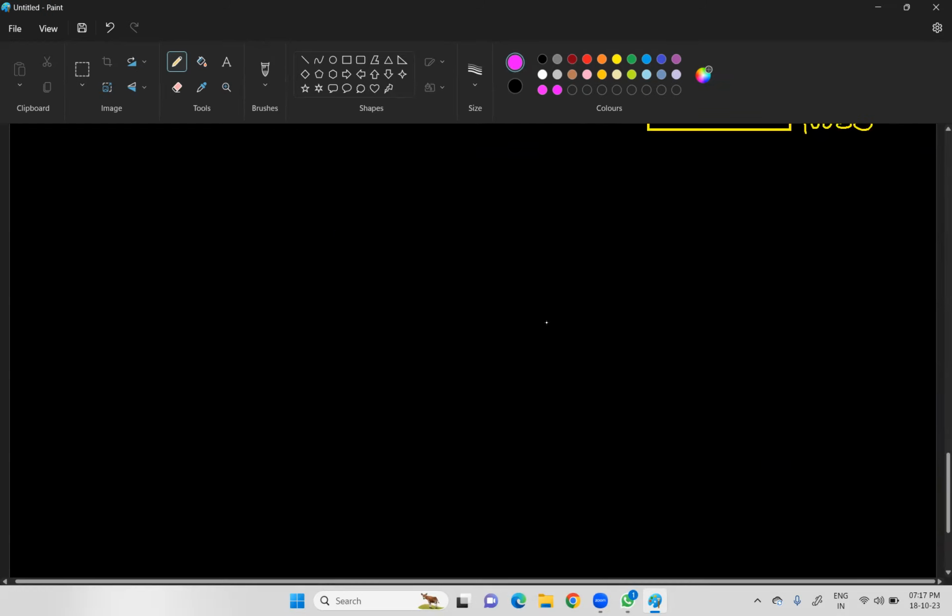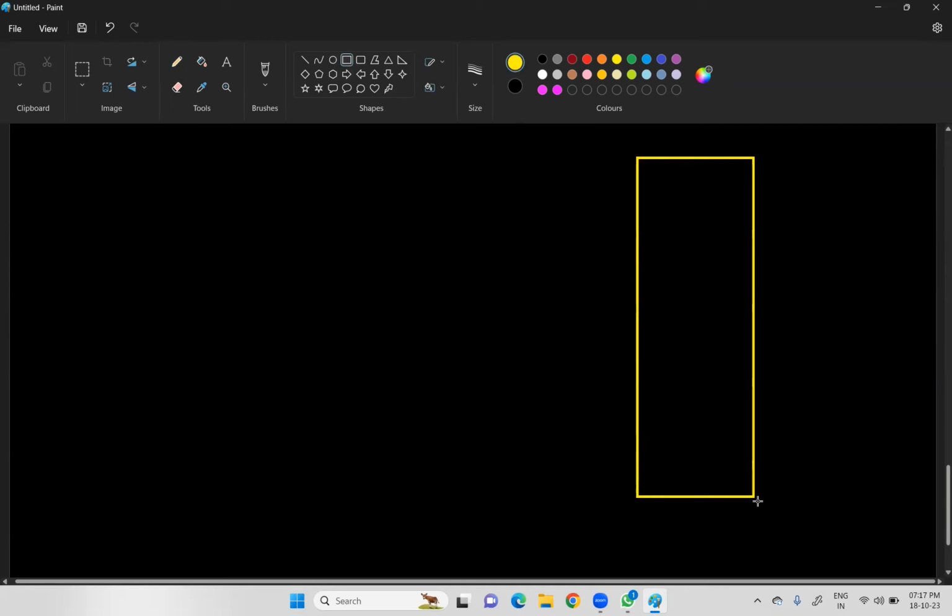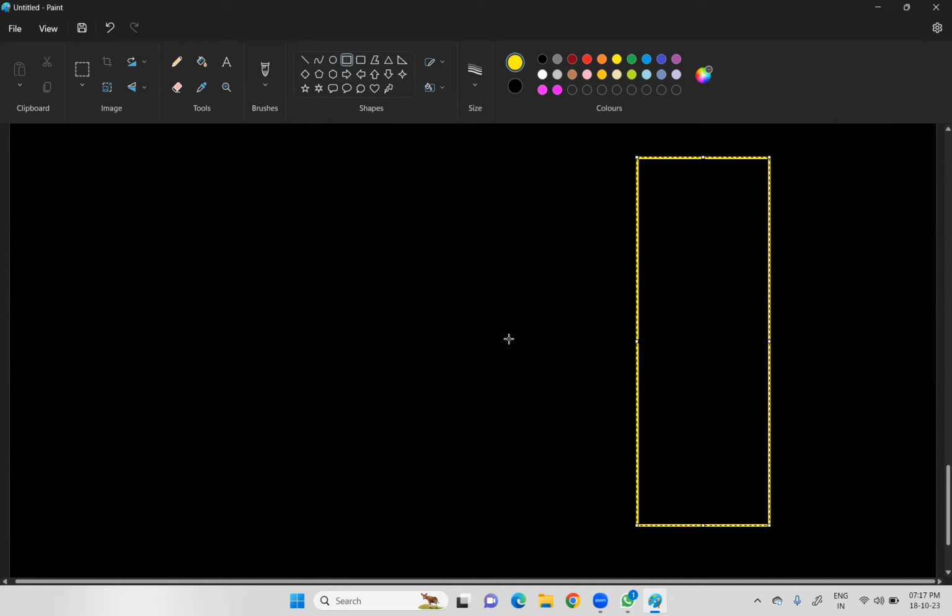Now, let me draw a small diagram for you to understand in a proper way. Look at this. This particular thing is the operating system, where it has been stored.